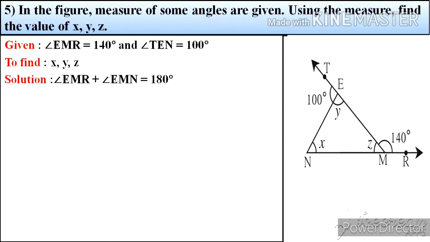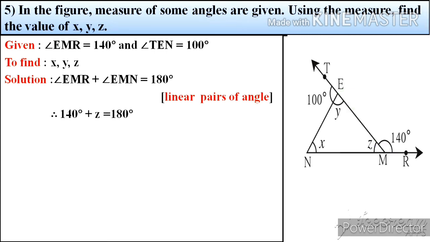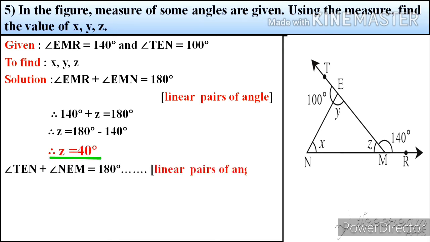Solution: angle EMR plus angle EMN equals 180 degrees. They form a linear pair of angles. Substitute the value of angle EMR, 140 degrees, and angle EMN is given as z. Therefore, z equals 180 degrees minus 140 degrees. Therefore, we get the value of z as 40 degrees.